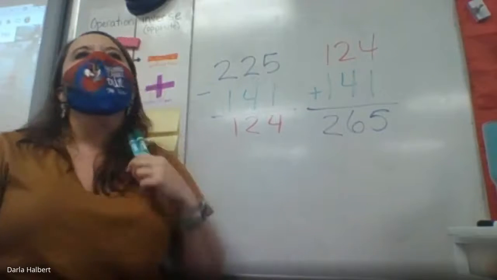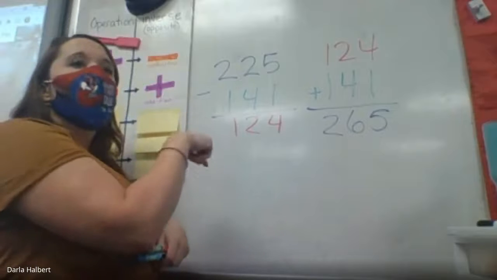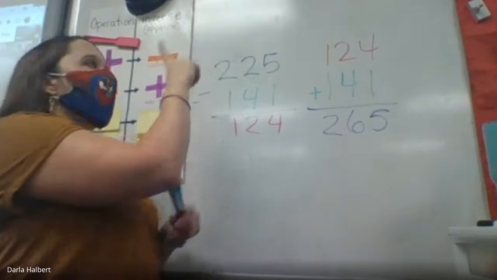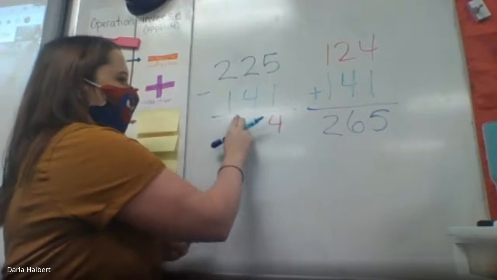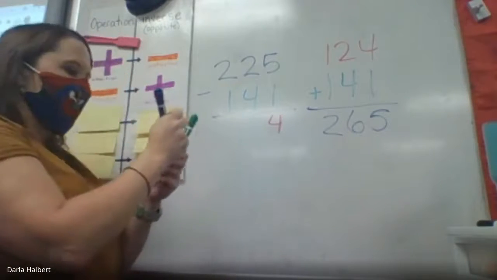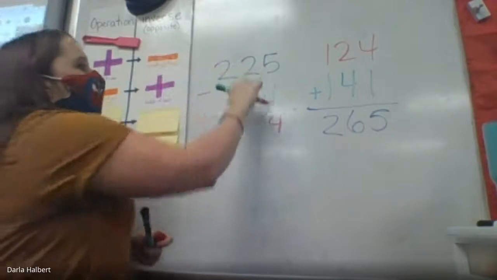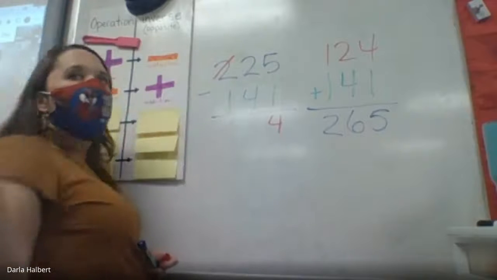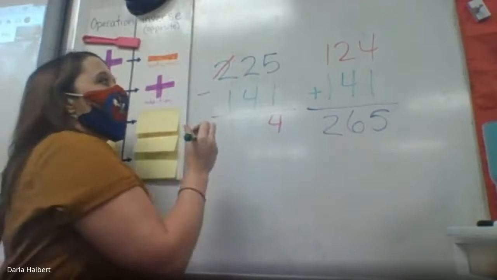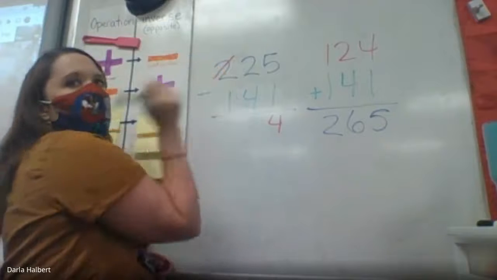No more on the floor. Go next door and get 10 more. So this is not correct. So I can't do this. I need to regroup. So cross out the 2. I'm taking 1 away from the 2. So what's left in the hundreds place?